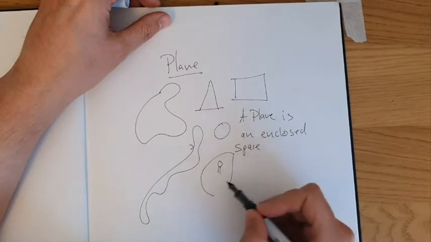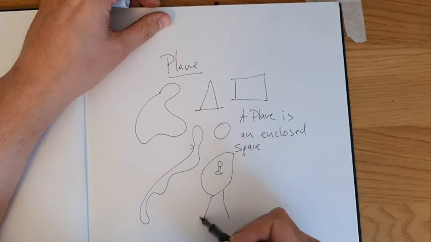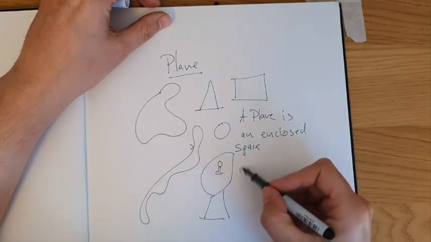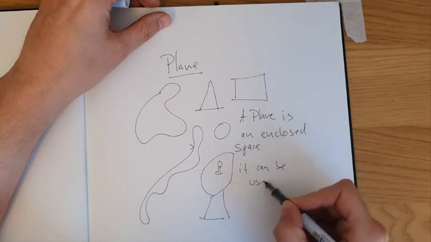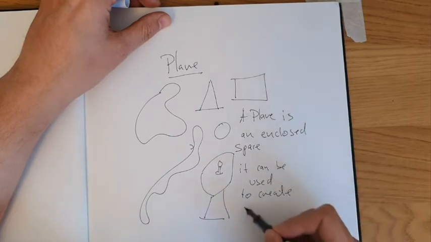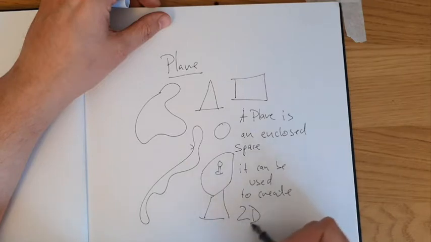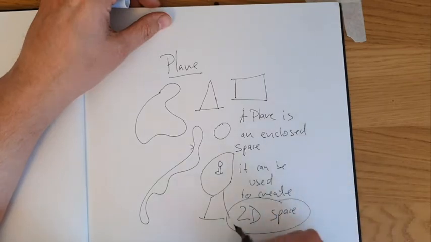So you can see the example I'm using here, my excellent illustration skills, is really just a flat circular object that is wrapped around the neck of the body, for example. Exactly. 2D space.